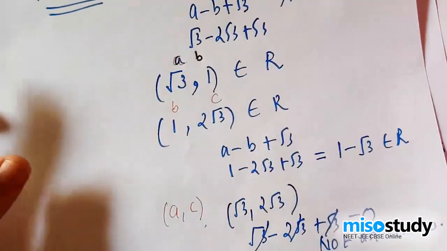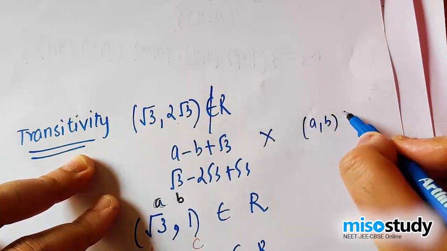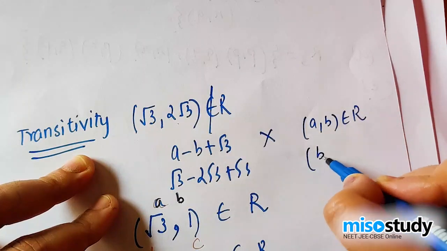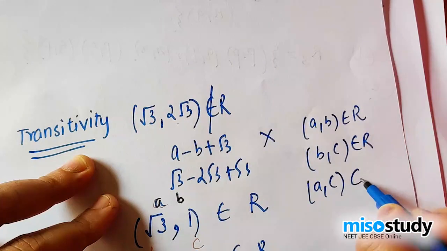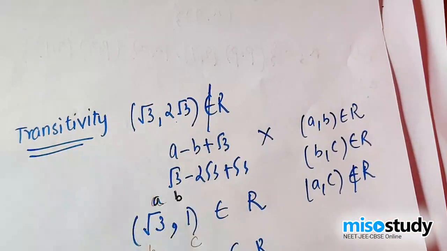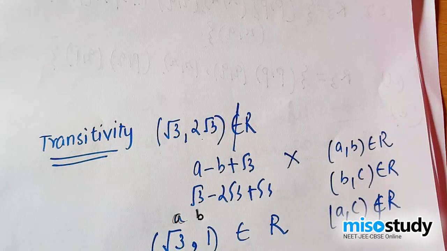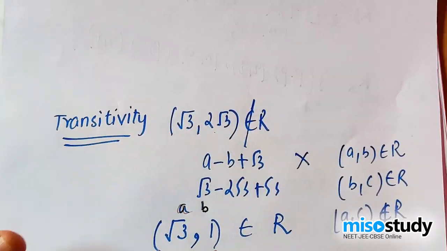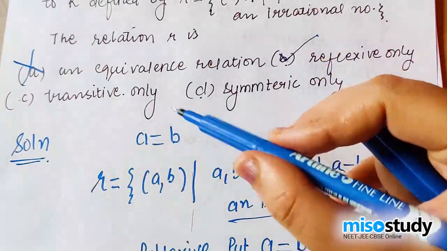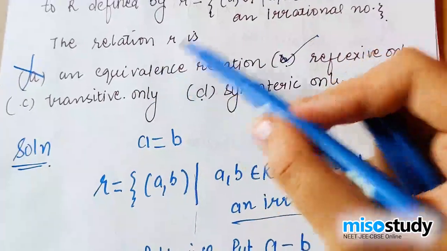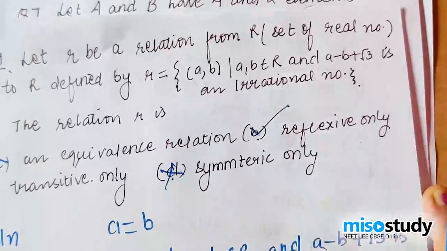Hence, for AB belonging to R and BC belonging to R, we showed that AC doesn't belong to R, hence it is not transitive. Even if you get one example which is not true, you will have that this is not transitive. Hence it is reflexive only. It is not symmetric, it is not transitive, therefore it is not an equivalence. So all the three other options are incorrect, whereas it is reflexive only.